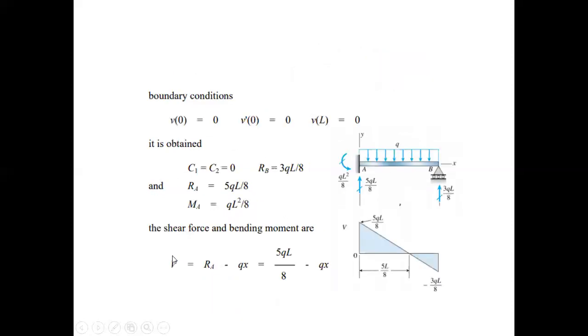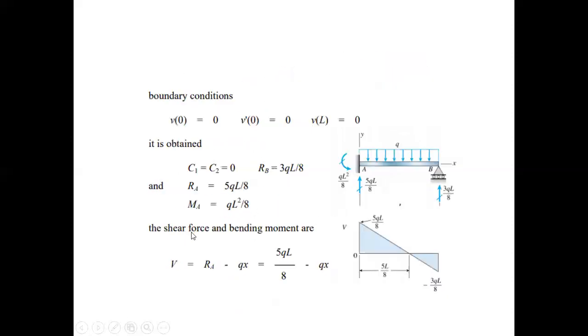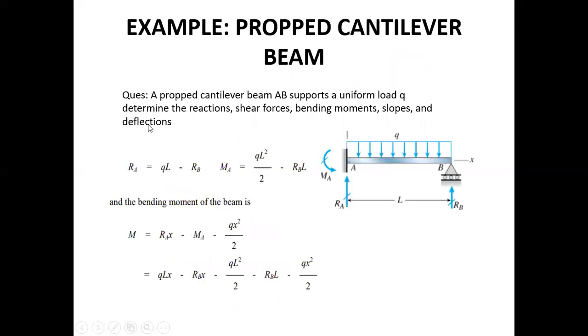We have already calculated the unknowns, that was RA, MA, and also RB. Now we need to calculate the slope and deflections also in this case. Basically, by calculating all these things, the analysis procedure will be completed. So what is the analysis procedure?